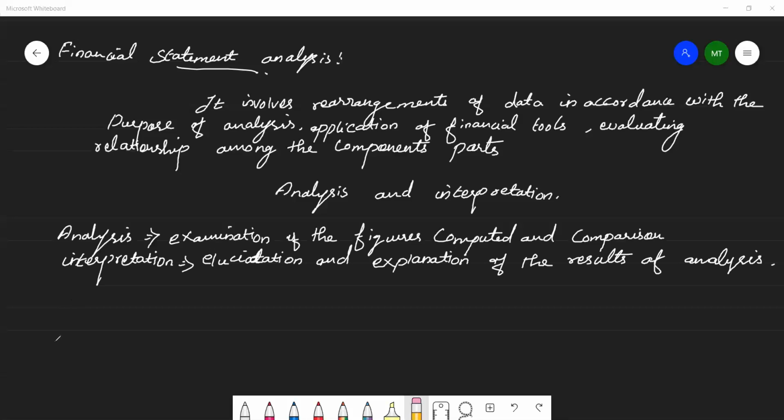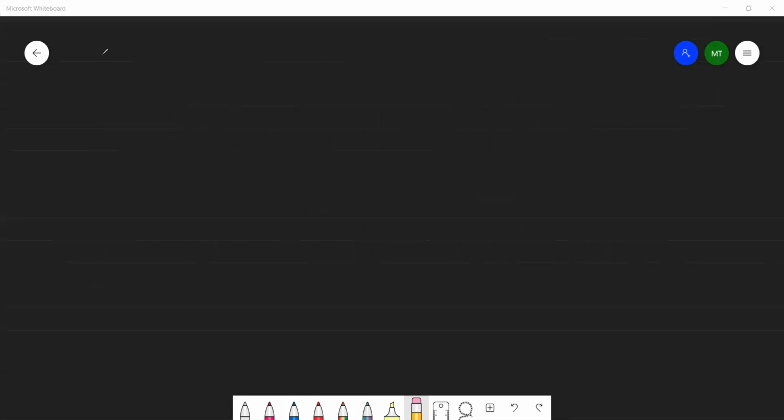Next, objectives of financial statement analysis. What are the objectives? The first objective is to analyze the profitability and the earning capacity.